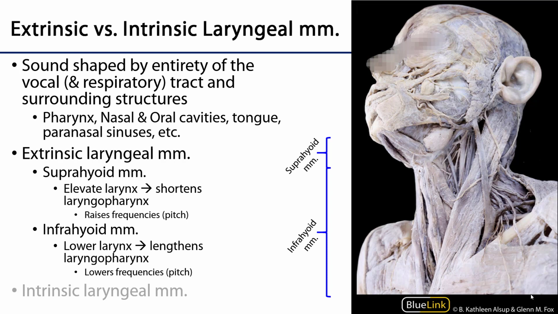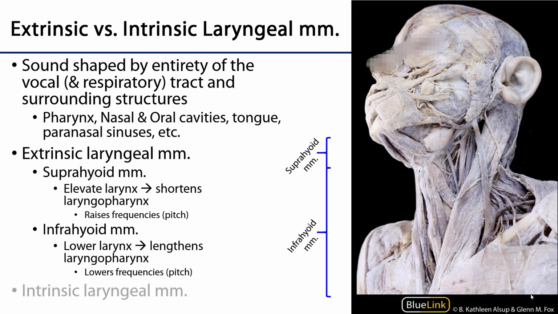Before we get to intrinsic laryngeal muscles, we should talk a little bit about how sound is formed and other types of muscles that can affect sound as well. So, sound is the result of air moving out of the vocal tract and being affected by the structures which comprise the vocal tract.